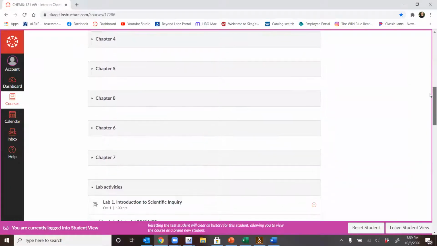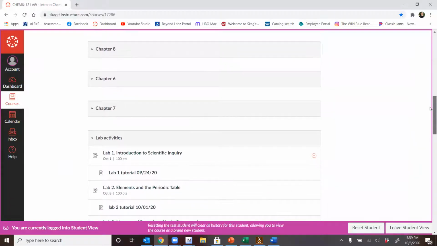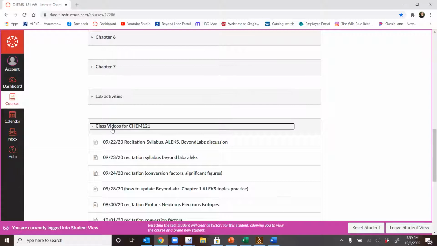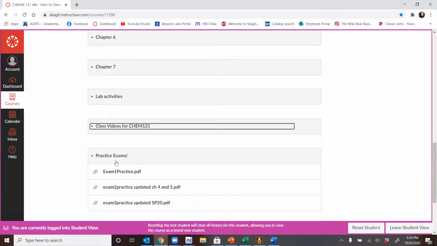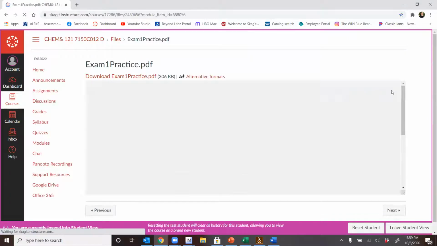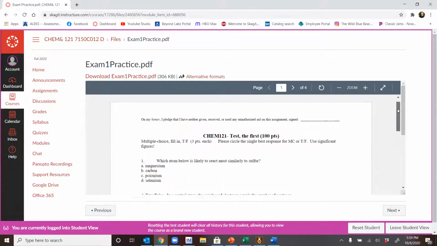It just gets too crowded if I try and put more than one chapter in the same module. But if I scroll down past lab activities, past all the class videos, there are practice exams. You can open exam 1. And this is literally an exam 1 that I have given for my 121 class before.